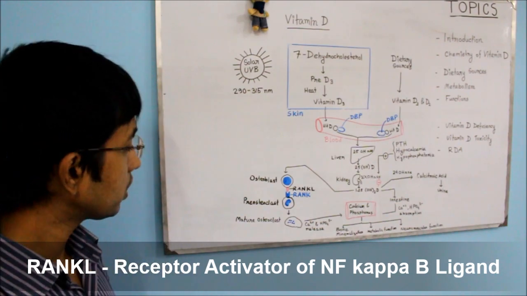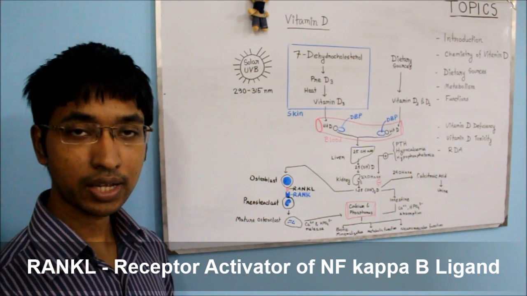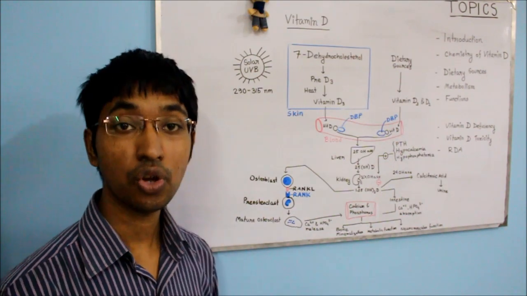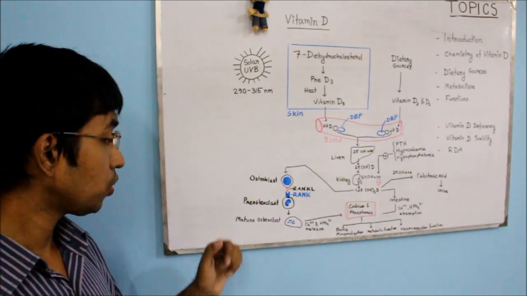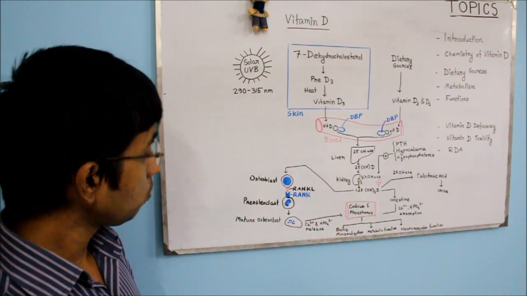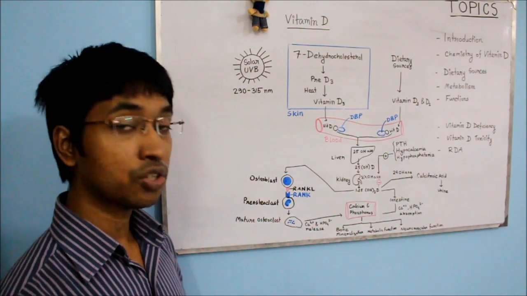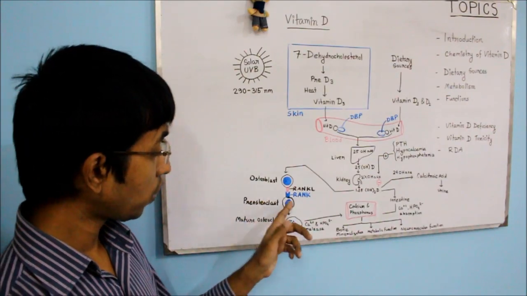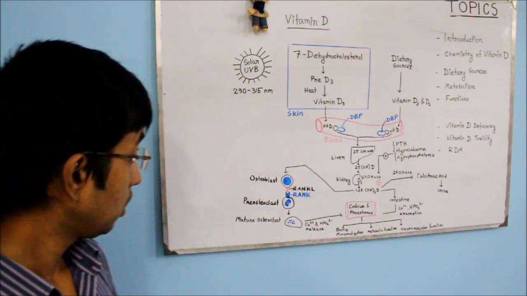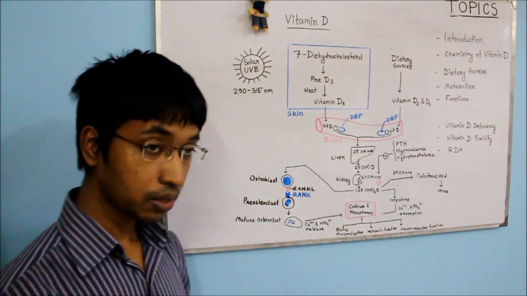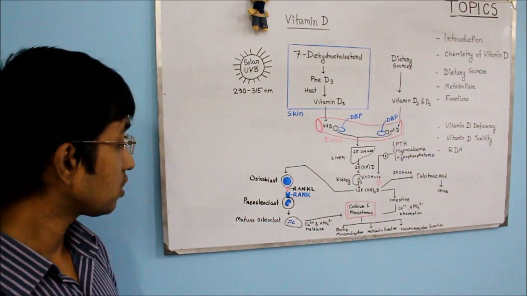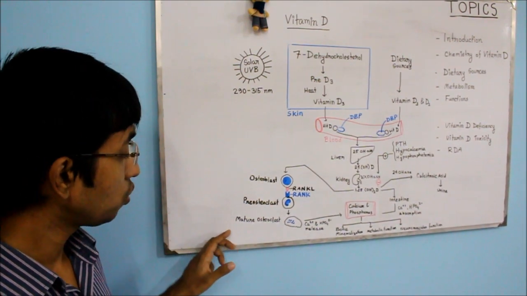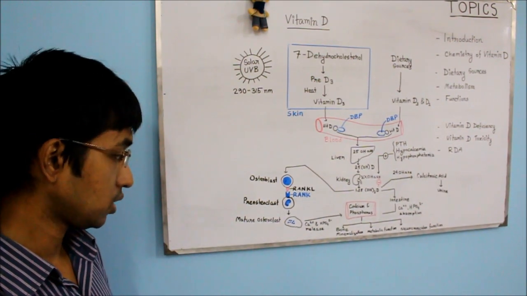So this is present on the osteoblast, and its receptor, the RANK receptor, is located on pre-osteoclast. So RANKL, after being expressed, will bind to the RANK receptor on the pre-osteoclast, and that will result in differentiation of pre-osteoclast into mature osteoclast.